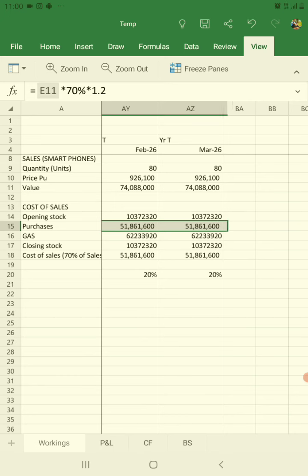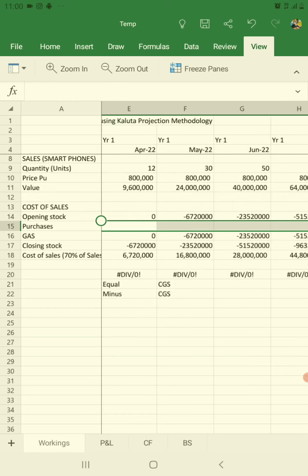I mean monthly purchase of our smartphones. We are assuming that we are just buying them from the wholesaler here in Tanzania, so we don't need to purchase more than a month. Just a month is enough. But I have cleared it to just demonstrate another case.